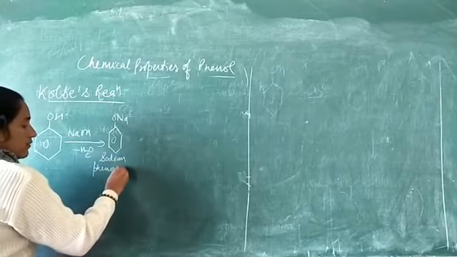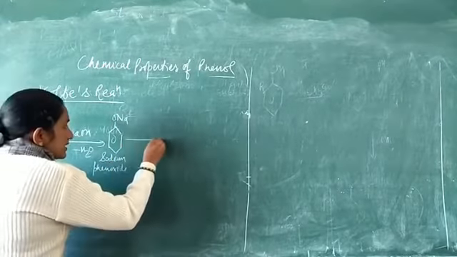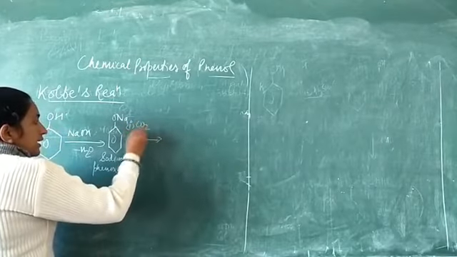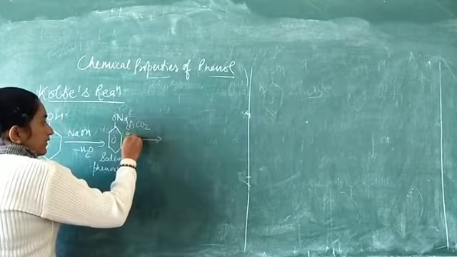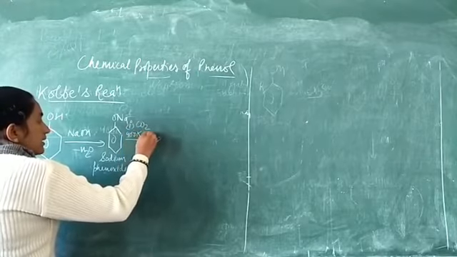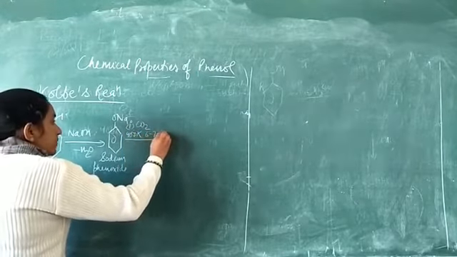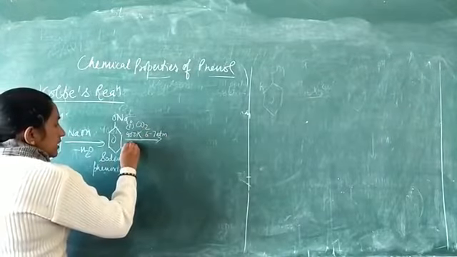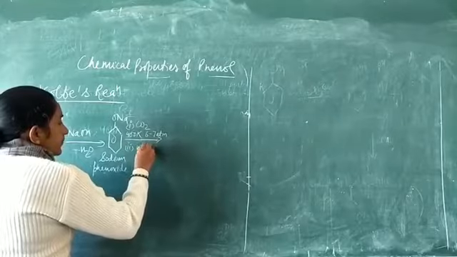Now this sodium phenoxide is then heated with carbon dioxide at 400 Kelvin temperature and 6 to 7 atmospheric pressure, followed by acidification.